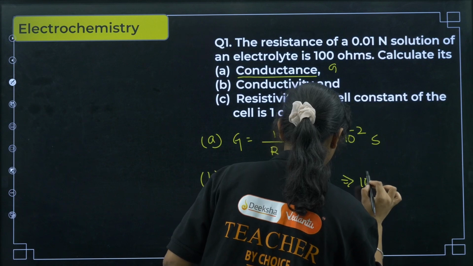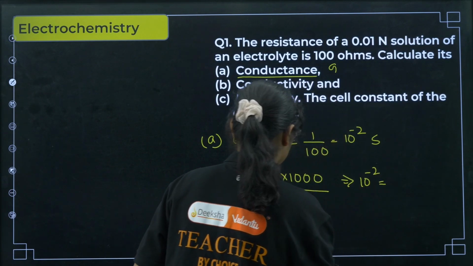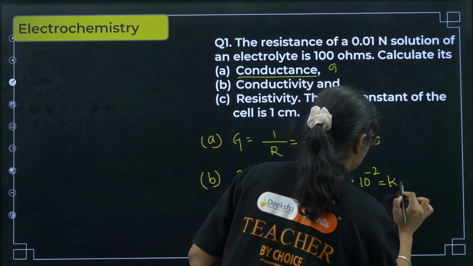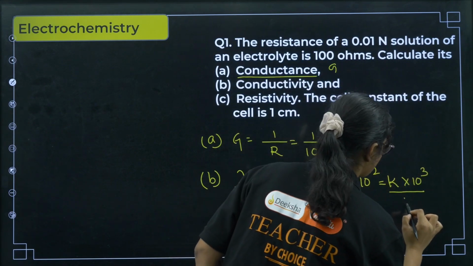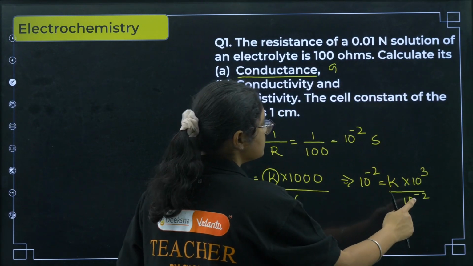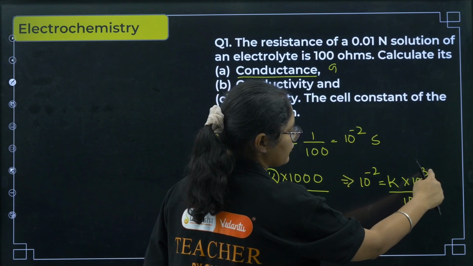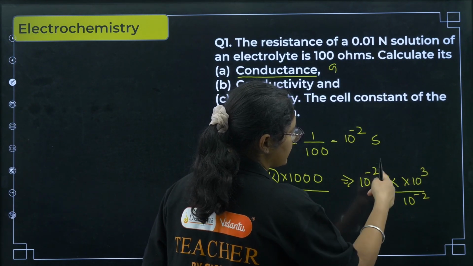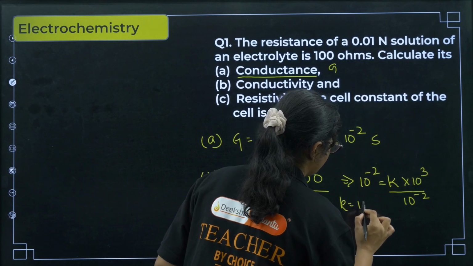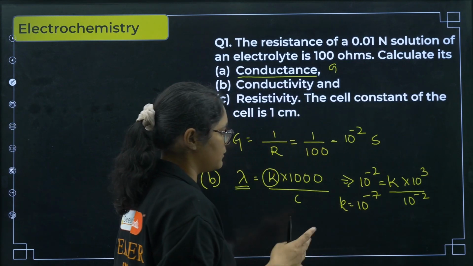So I can put 10 to the power of minus 2 is equal to kappa, which I have to find out, into 10 to the power of 3 by C, where the value of C is 10 to the power of again minus 2. So I think it will be 10 to the power of minus 7, but we will check the calculation.